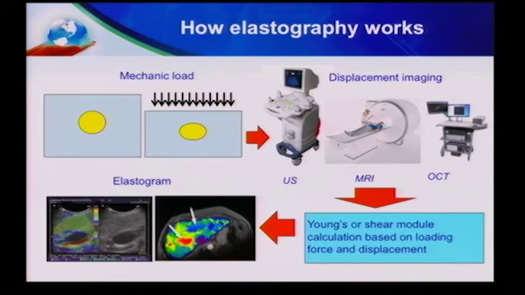In our case, we're using optical coherence tomography. And later on, we will discuss why this is important and what the advantage is. With the change in the displacement and the force you applied, we can calculate mechanical properties such as elastic constant.